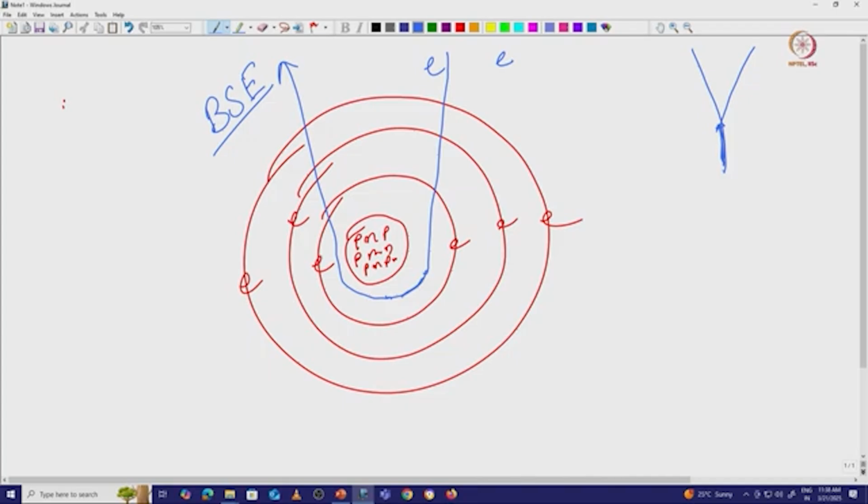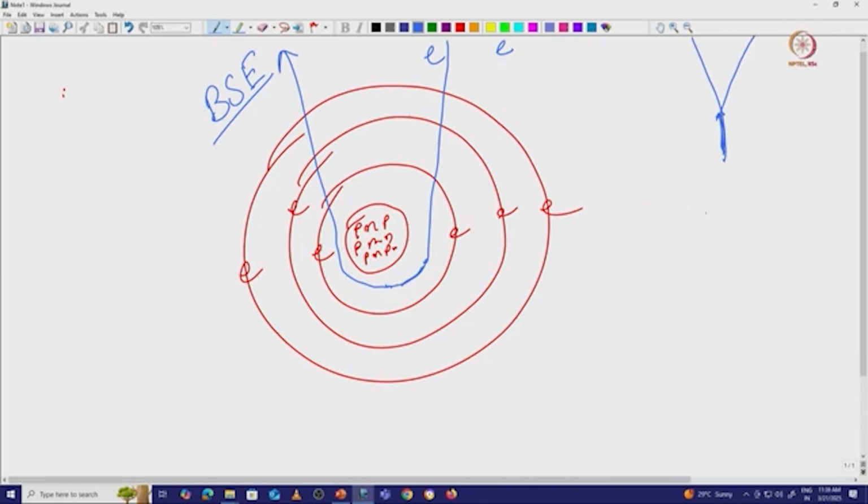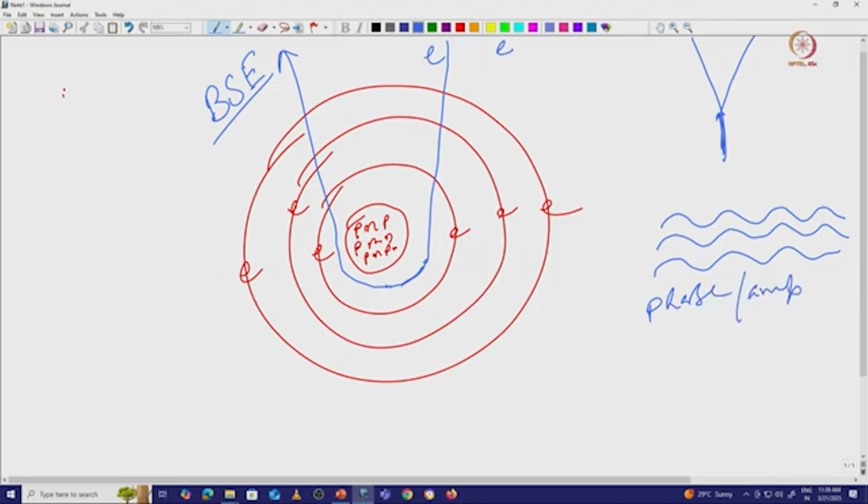So, if all the electrons in the beam have the same energy, same path length and same wavelength, where the phase, amplitude, wavelength, lambda, path, everything is the same, then we say that this is a coherent electron beam.